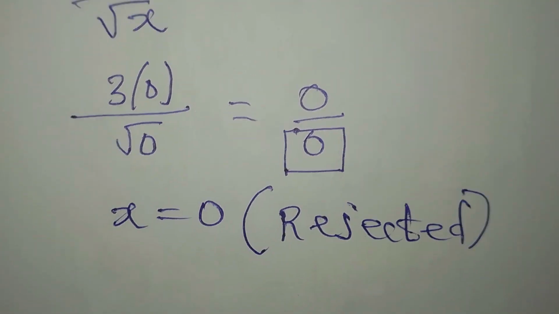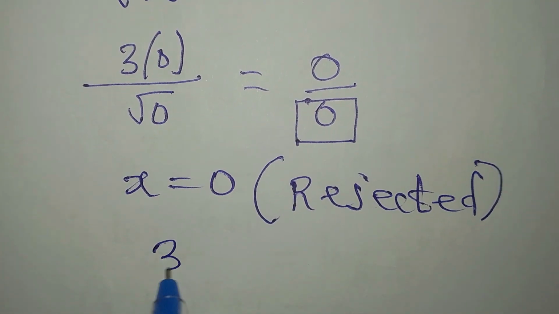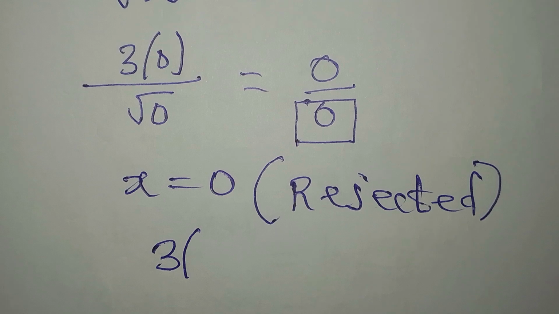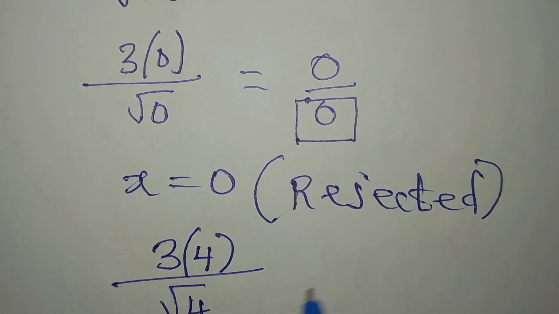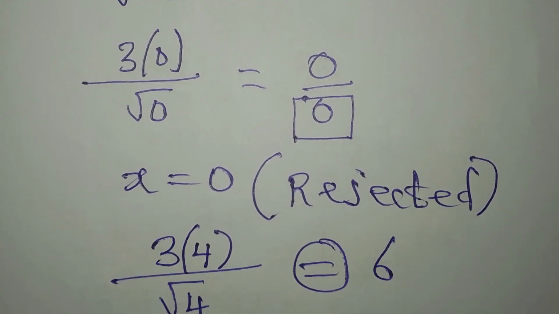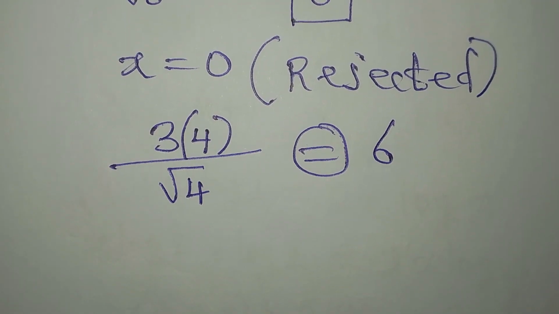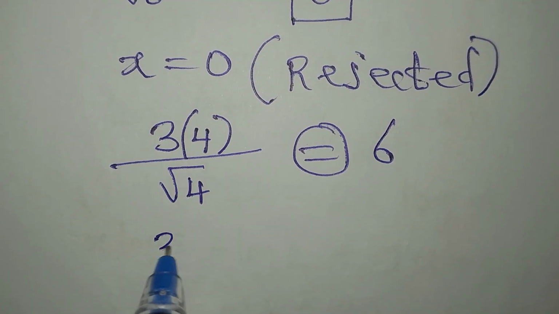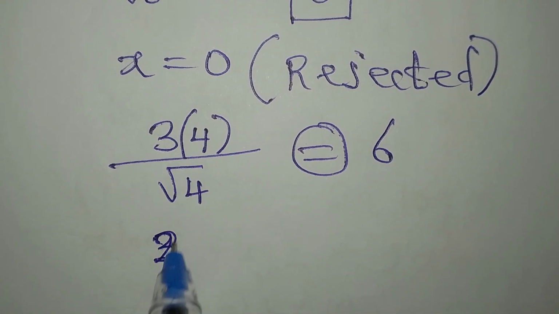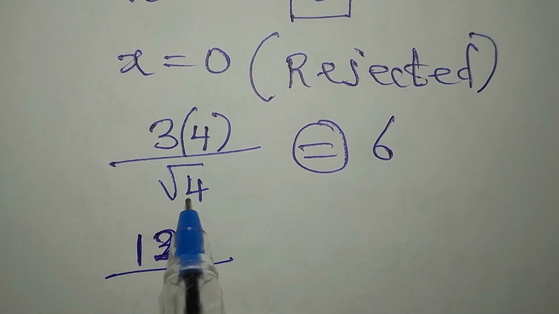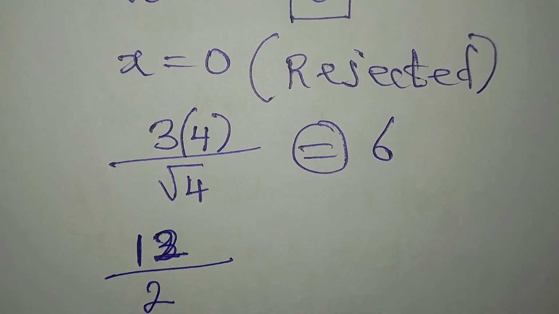Okay, now let's work with 4. That means we have 3 times 4 over square root of 4. Will this give us 6? The answer is yes, because from here we have 3 times 4, that is 12. Let me just write 12, and then square root of 4 is 2, isn't it?